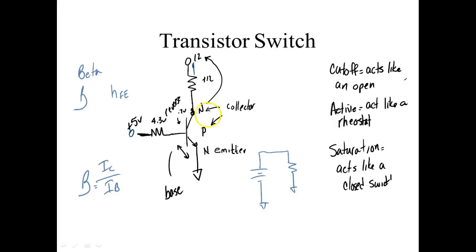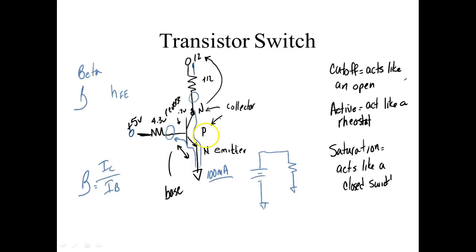So that means our collector current will always be greater than our base current. Let's say I've got 100 milliamps out. Now the emitter current supports two things: it supports the base current and it also supports the collector current.